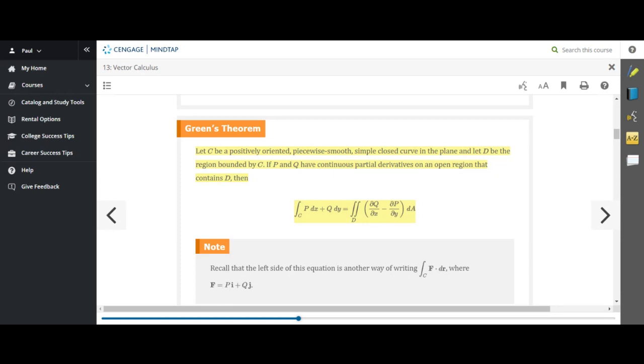George Green lived from 1793 to 1841. He worked full-time in his father's bakery from the age of 9 and taught himself math from library books. I'm reading a biographical note here on him. In 1828, he published an essay on application of mathematical analysis to the theories of electricity and magnetism.